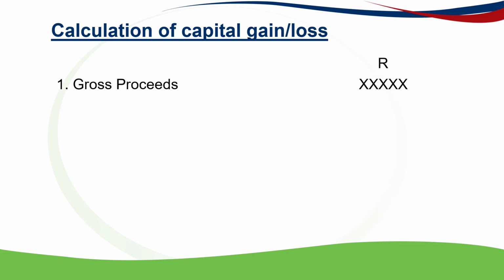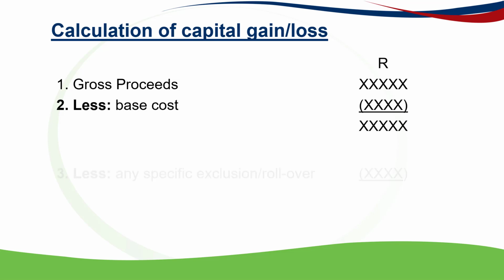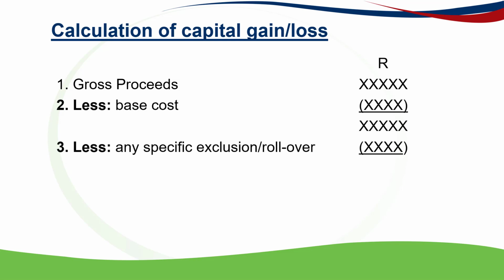A capital loss scenario would arise if the asset was disposed for proceeds which are less than the base cost. Thirdly, we need to identify whether any portion of the capital gain or the capital loss should be excluded or rolled over.